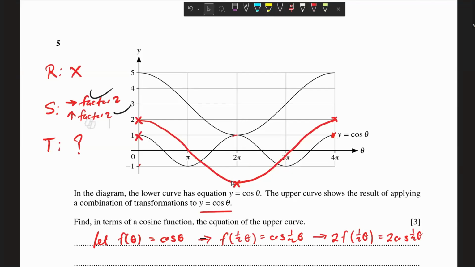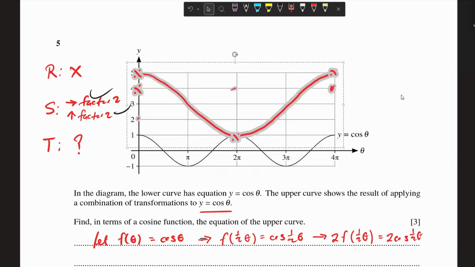Now it needs to move upwards in order to give us the image. By how many units? From 2, it has to go up by 1, 2, 3. It has to go up by 3 units, and if this graph goes up by 3 units, it will fit onto the image.